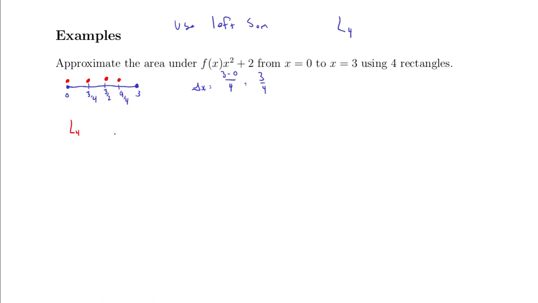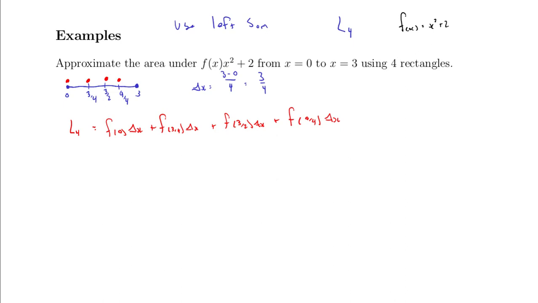So L sub 4 is going to be f of 0 times delta x plus f of 3/4 times delta x plus f of 3/2 times delta x plus f of 9/4 times delta x. And again, we're remembering that this is when f of x is equal to x squared plus 2.